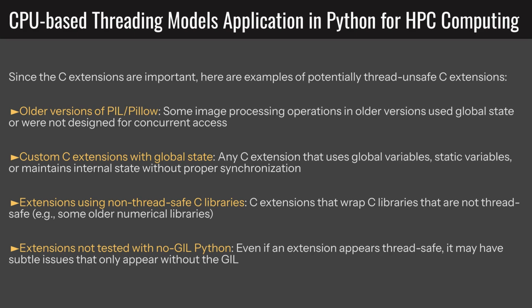Here we include any C extension that uses global variables, static variables, or maintains internal state without proper synchronization. Extensions using non-thread-safe C libraries. Those are C extensions that wrap C libraries that are not thread safe, like some older numerical libraries. Extensions not tested with no-GIL Python. Even if an extension appears thread safe, it may have subtle issues that only appear when the GIL is disabled, so proper testing is required.